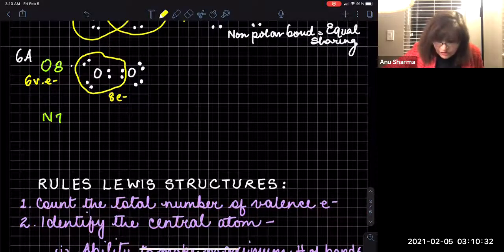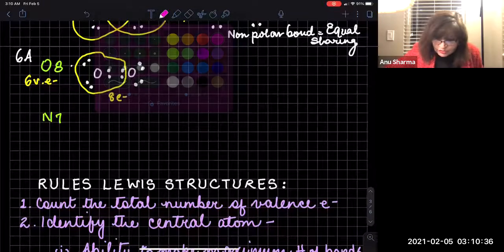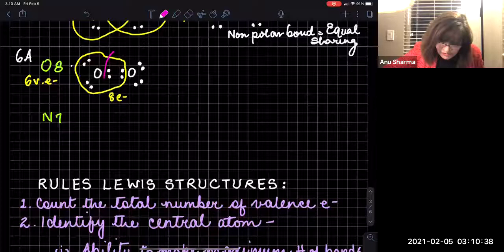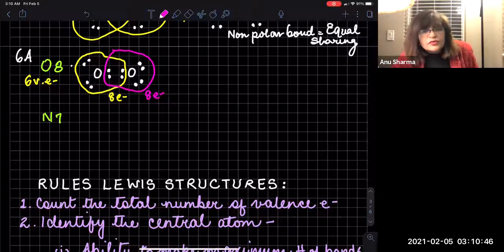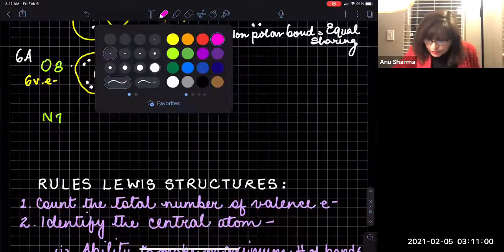The neighboring oxygen is also going to do the same. It is also going to get these 2 electrons, and here we have 8 electrons. The total number of electrons doesn't change. It's just the arrangement, the way they overlap or separate out.